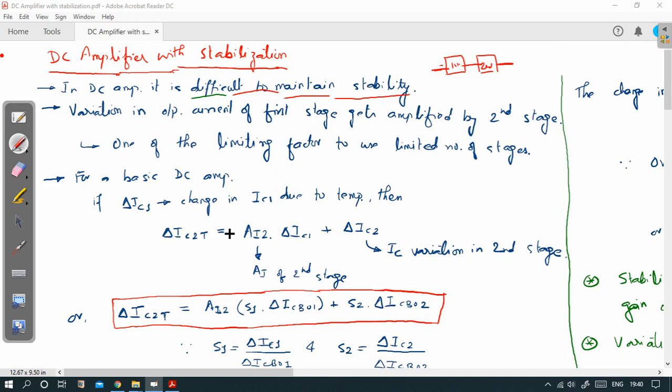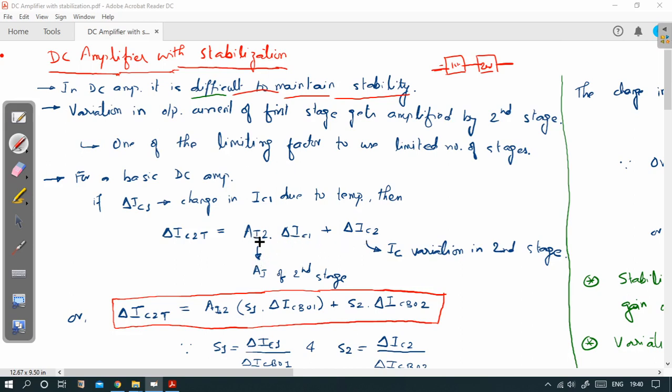These two stages were connected back to back to form a basic DC amplifier. So if delta IC1 is the change in IC1 due to temperature, then, where 1 is for first stage and 2 will denote the second stage, IC in the second stage will be given by AI2 into delta IC1 plus delta IC2.